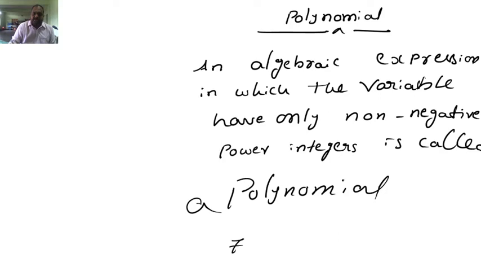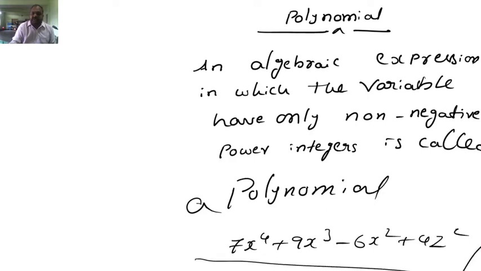Suppose 7x power 4 plus 9x cube minus 6x square plus 4z square, this is called a polynomial because all the powers are positive integers.